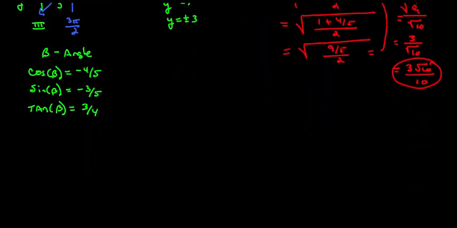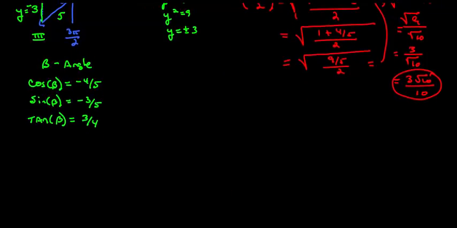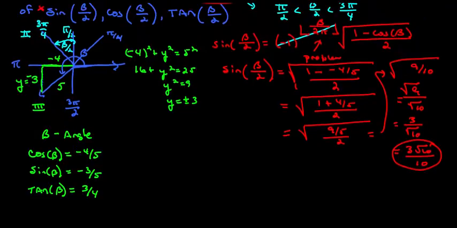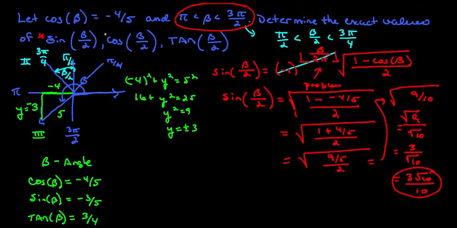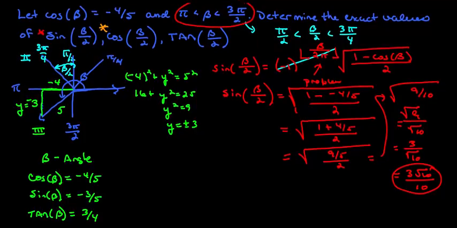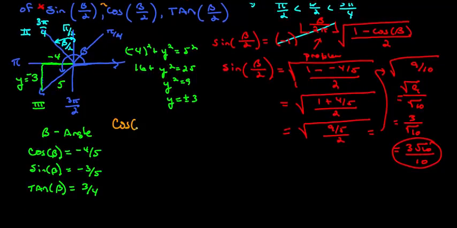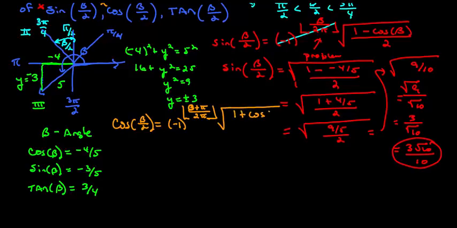Okay, let's try the cosine value. Let's write that down in orange. I'll do it right here in the middle. So the cosine of beta over 2 should be equal to, again, negative 1 raised to the beta plus pi over 2 pi, times the square root of 1 plus the cosine of beta over 2.